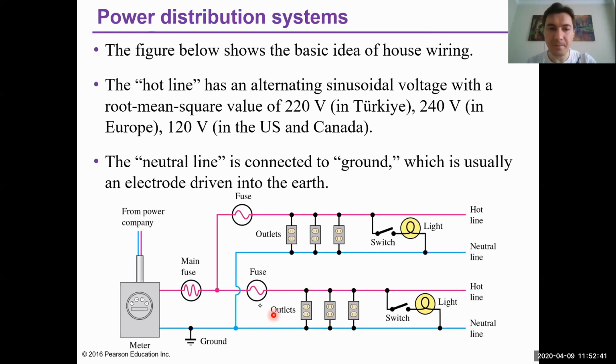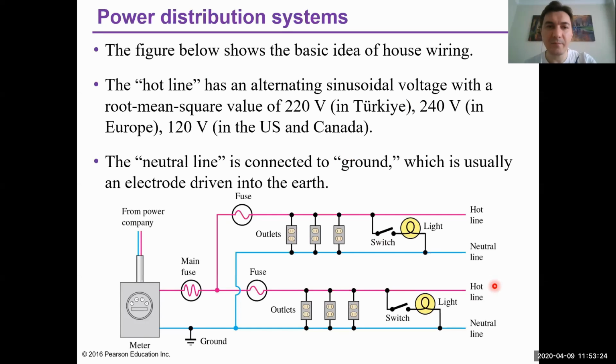So what we have here, the hot line has an alternating sinusoidal voltage, not direct current, alternating current. The direction of the current changes with time. How many times? In Turkey, for example, 50 hertz, 50 times per second.